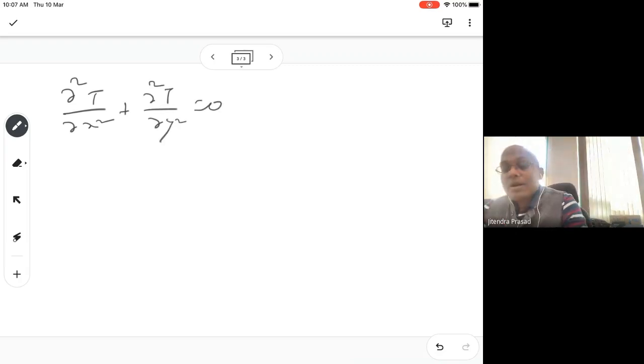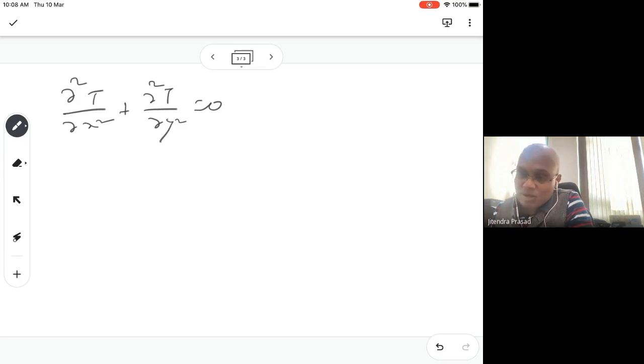Before we find the approximate solution, we also have to know how to find the exact solution. If you can find the exact solution, why go for the approximate solution? As I said earlier, approximate solution is for when you cannot solve it analytically; otherwise there is no use. In any case, we have to know this one.